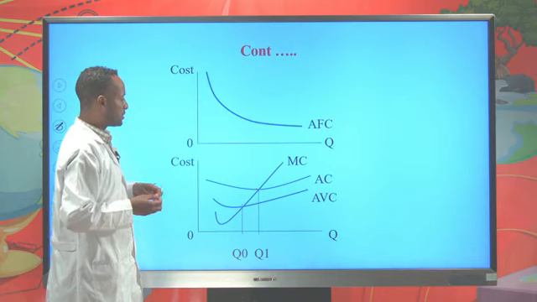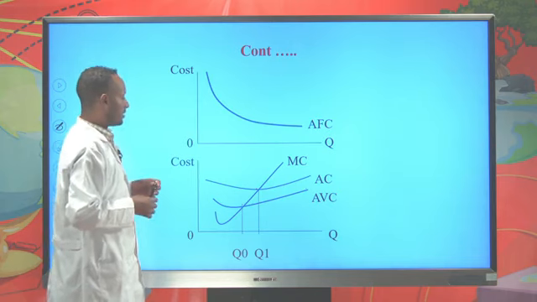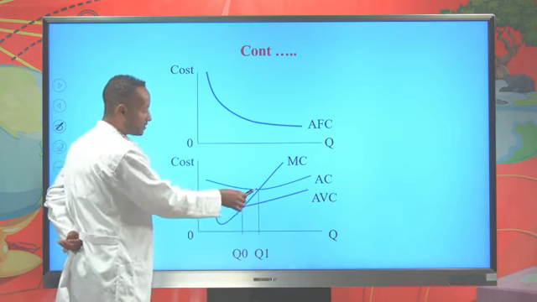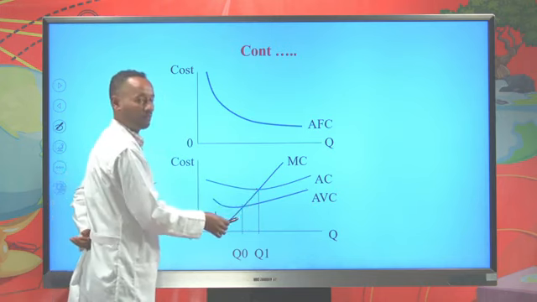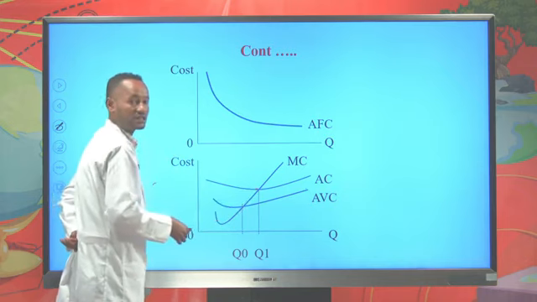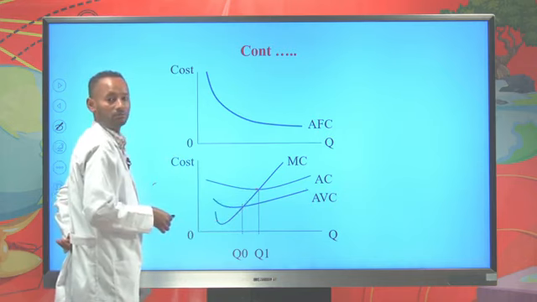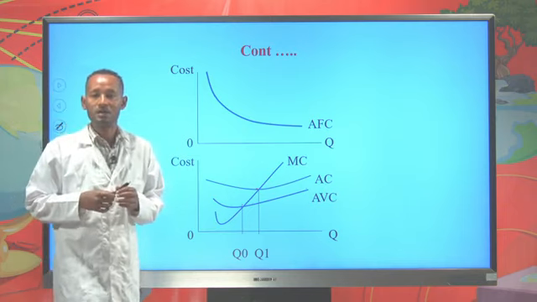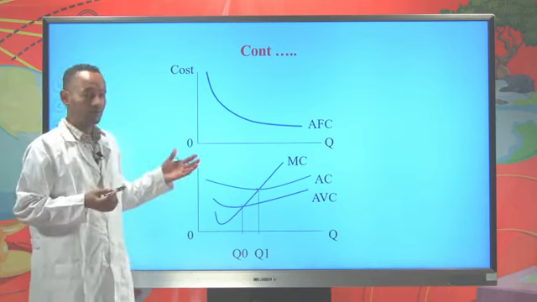Another relationship between the AC and the AVC curve: the AVC curve reaches its minimum point before the AC curve reaches its minimum, or AC reaches its minimum after the AVC reaches its minimum.